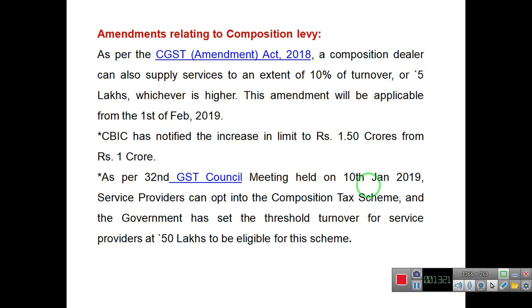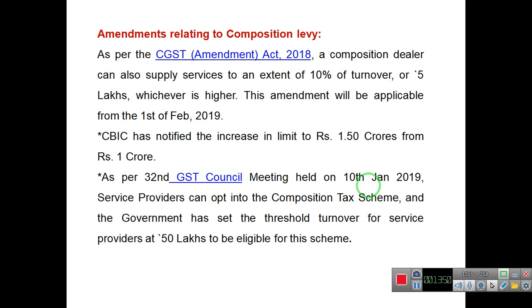There were some amendments to composition scheme. As per CGST Amendment Act 2018, a composition dealer can also supply services to an extent of 10% of turnover or 5 lakhs, whichever is higher. This amendment will be applicable from 1st Feb 2019.